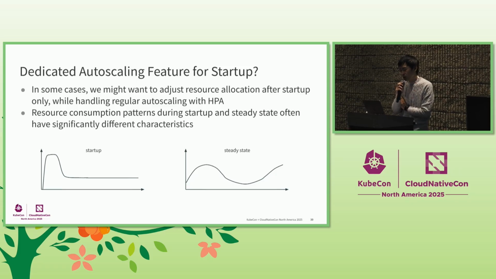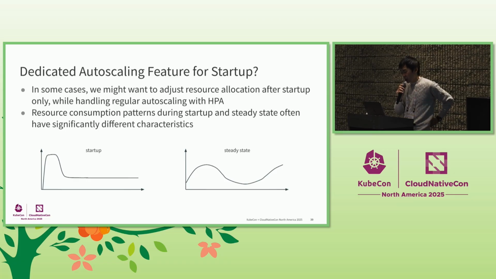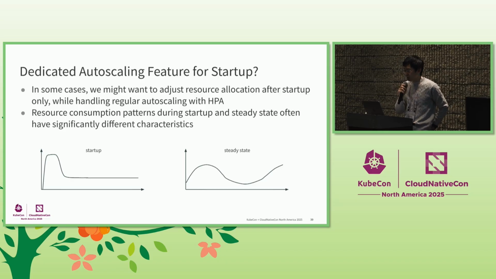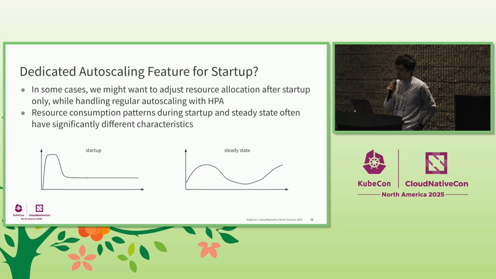Second, resource consumption patterns differ significantly between startup and normal load fluctuations. So we need separate conditions for triggering scaling. I'd appreciate any feedback on this idea, and if it seems useful, I'd like to try implementing a prototype.